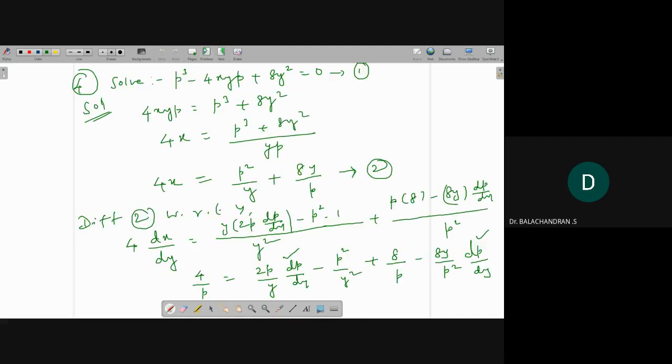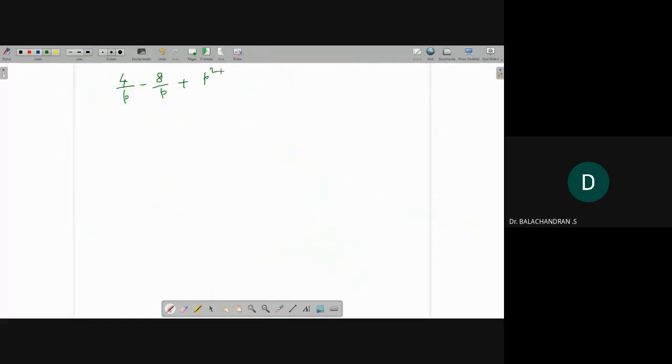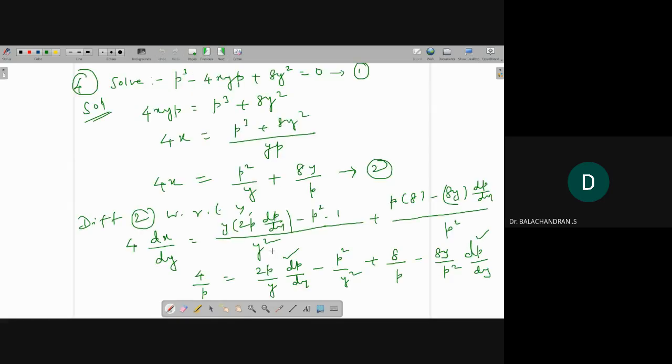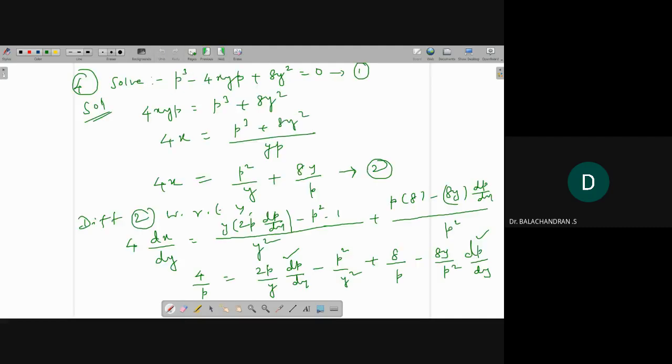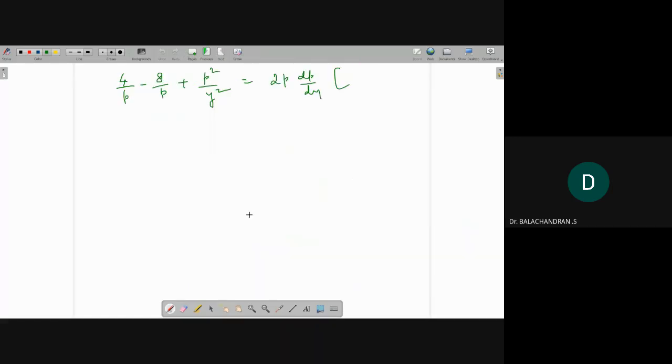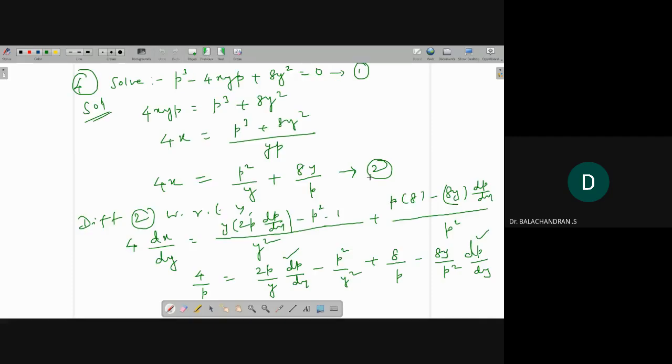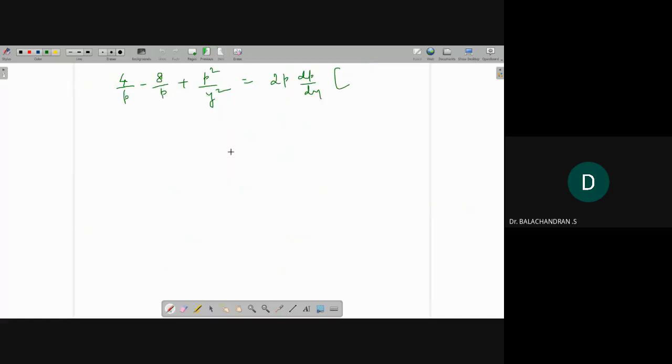and then plus p square by y square equal to, here I will take 2p into dp by dy commonly. If I take this, what is remaining? Sorry, here I don't have p, so it is better to take 2 into dp by dy.